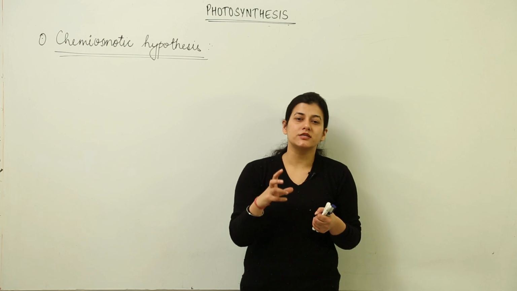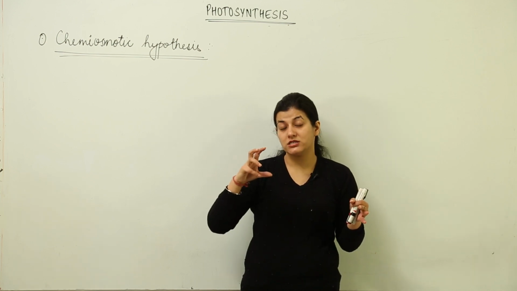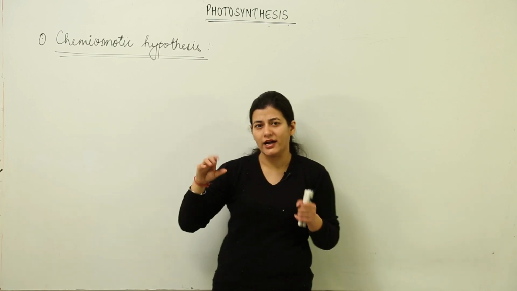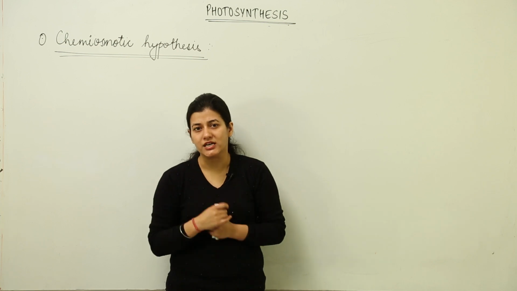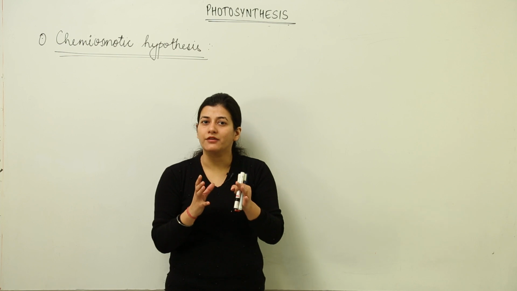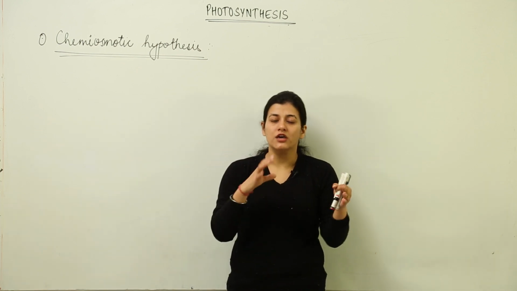Now the name is oxidative phosphorylation. That means the ATP generation would be driven by oxygen. We had studied in mitochondria, it was taking place while we studied respiration, that ATPs were generated by 5 different complexes which were present in the membrane of mitochondria, if you can recall it.